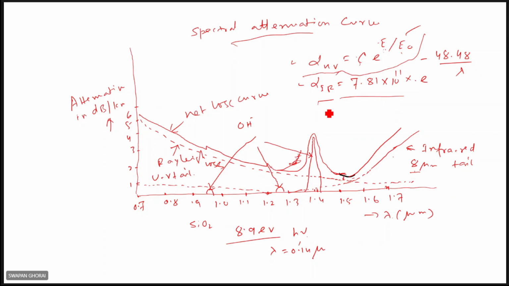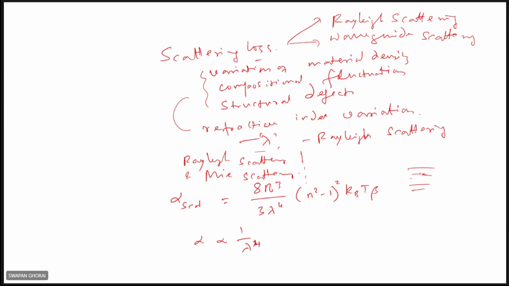Next we consider the scattering. Whenever light propagates, there will be absorption, as I have mentioned, and you also cannot avoid scattering. The scattering generally occurs because of inhomogeneity. In an optical fiber, inhomogeneity will always be there; it is not perfectly homogeneous.